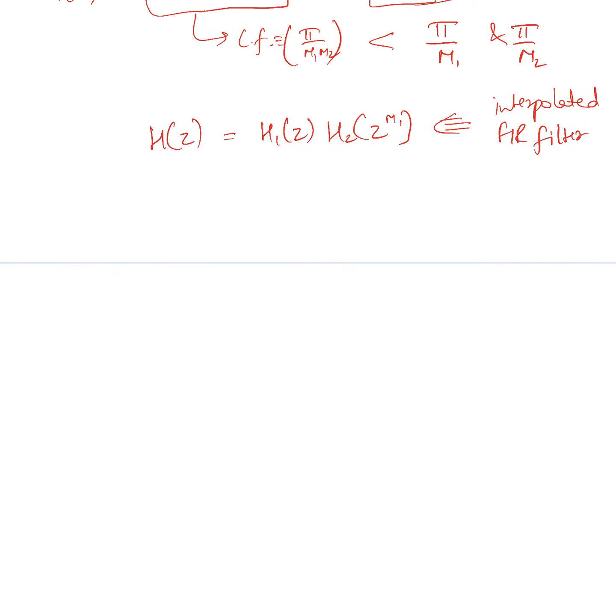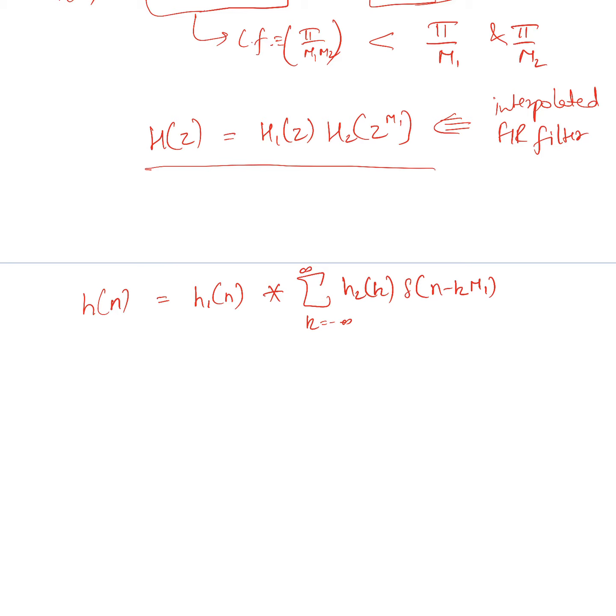And this H of z in the time domain can be represented as h of n equal to h1 of n convolved with the summation over k from minus infinity to infinity of h2 of k delta of n minus k M1.